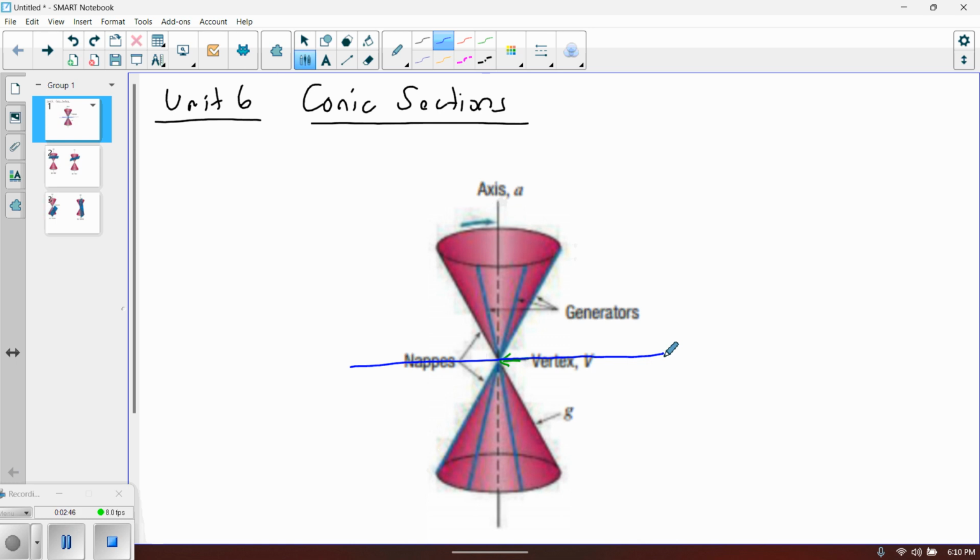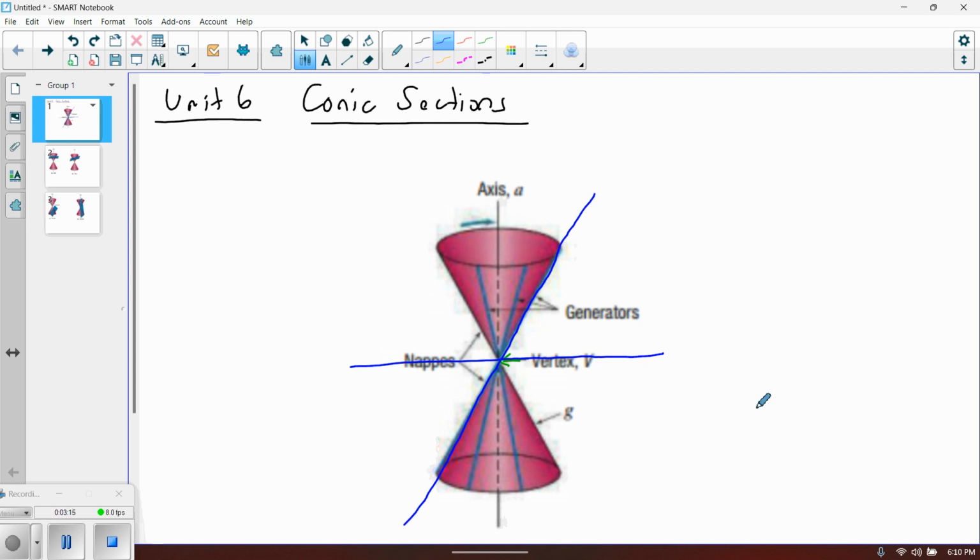Let's say that I take a plane and line it up right on the axis of this cone. So it slices right down the axis of that thing right there. Well, the intersection of the plane and the outside of the cone would simply be a line.